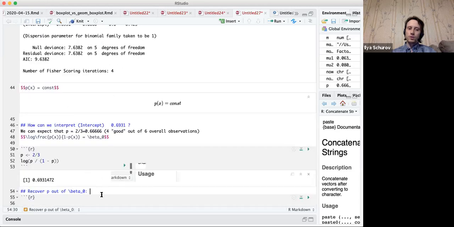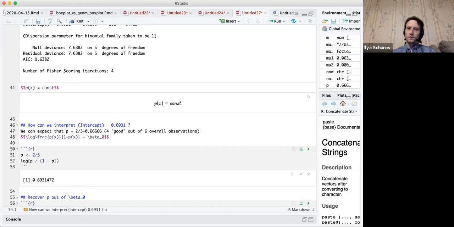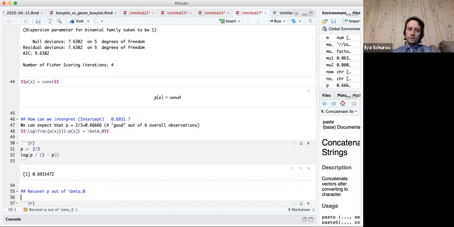Let me do it in the opposite direction. Let us recover p out of beta naught. How to do it? How to find p if we know beta naught?